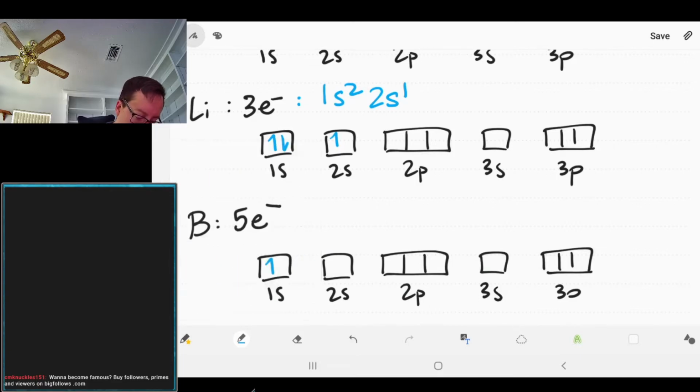And so if we fill those, we're going to always fill our boxes up within the subshell we're looking at. If we were to write out its configuration, we would say, it's got 1s2, 2s2, 2p1. That's what's called the electron configuration of boron.